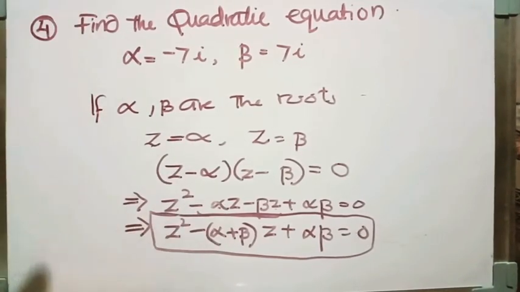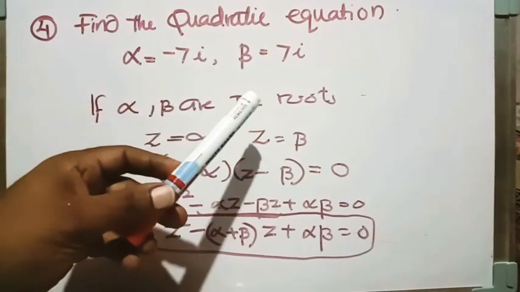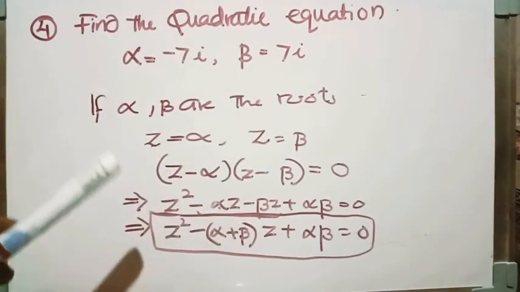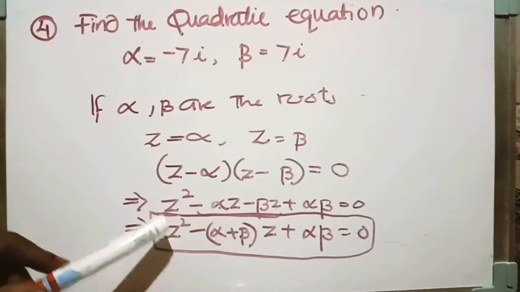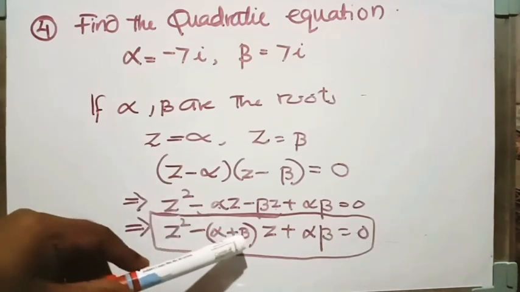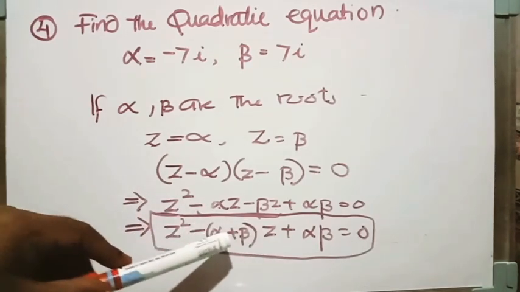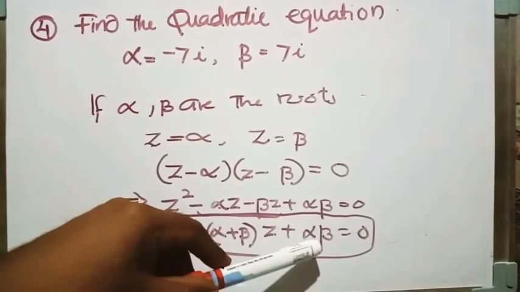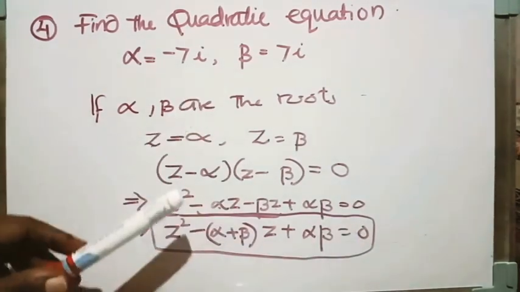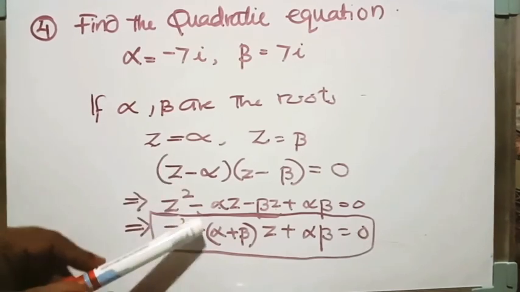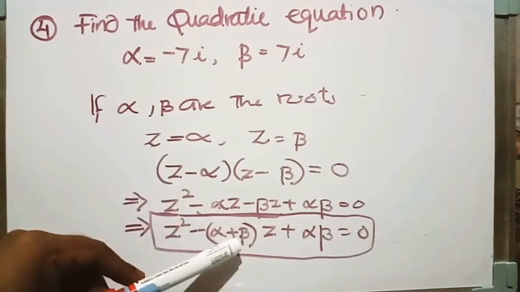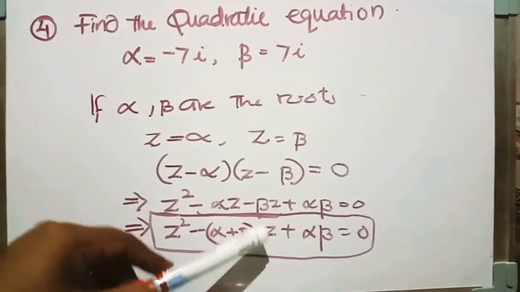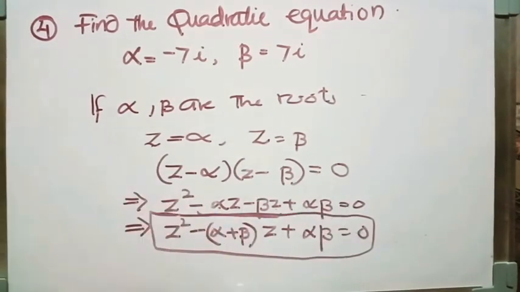So if alpha and beta are the roots, the quadratic equation is z squared minus (alpha plus beta) z plus alpha beta is equal to 0. Z squared minus the sum of the roots times z plus the product of the roots is equal to 0. So this is the concept we are going to use to find the quadratic equation.